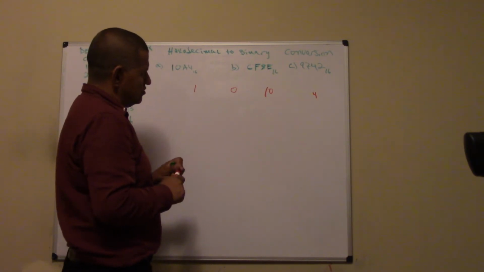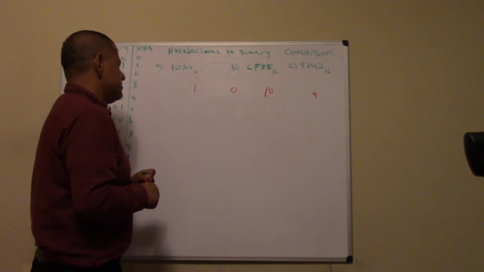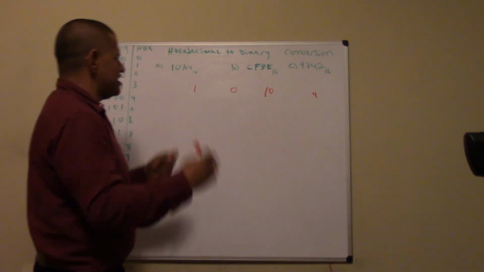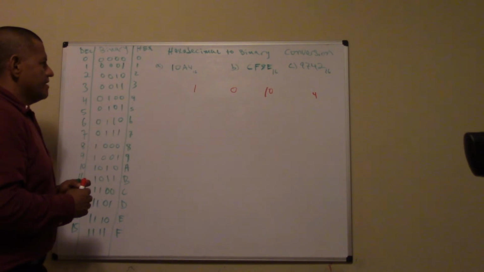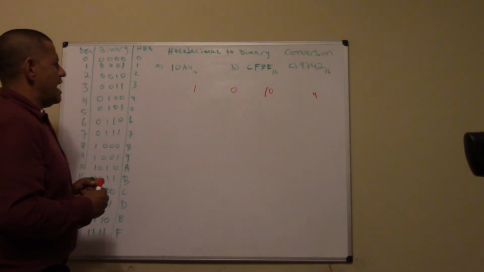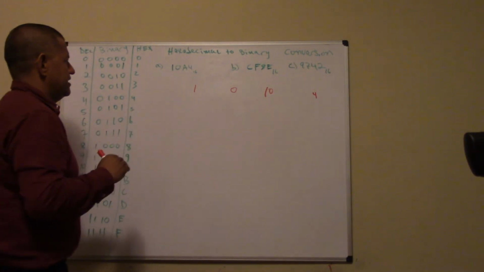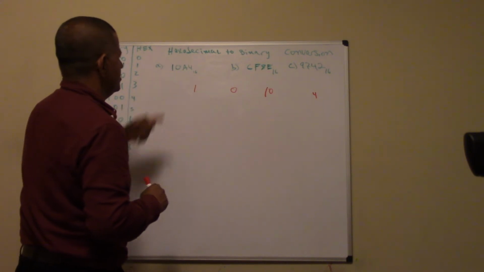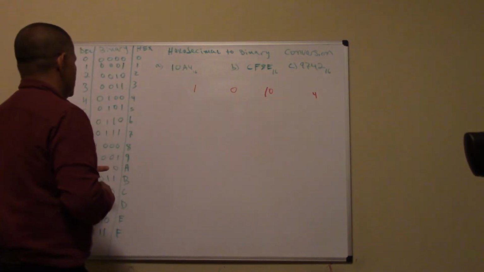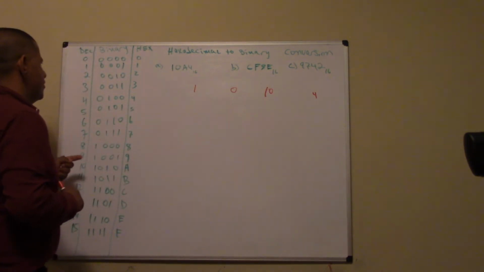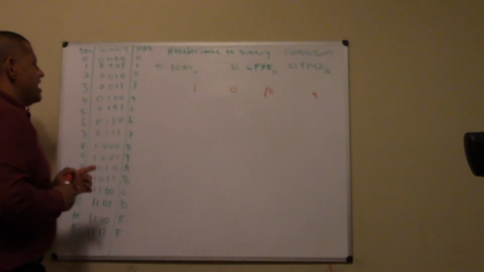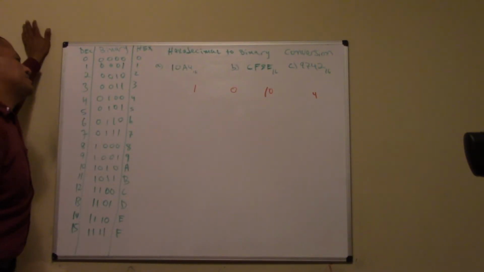base 2, right? Why am I thinking about base 2 now? Because I am thinking about how do I get these hexadecimal numbers to, actually, let me explain something here.